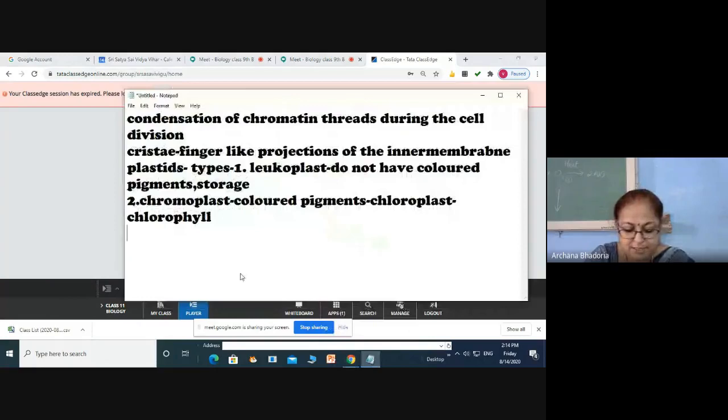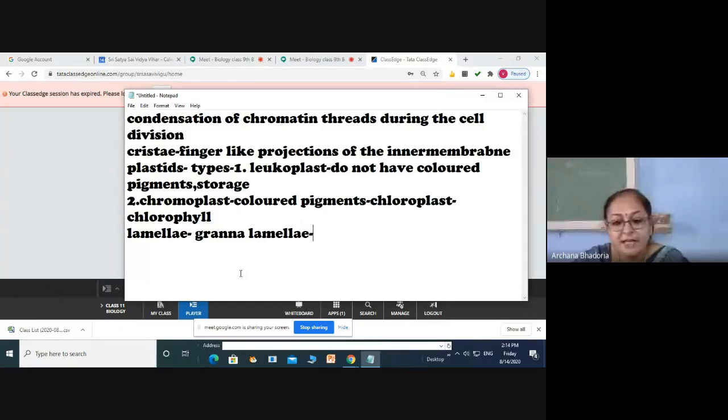These lamellae you find are of two types. One is grana lamellae.